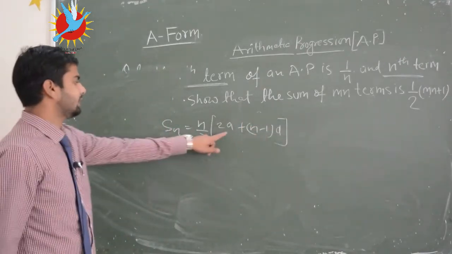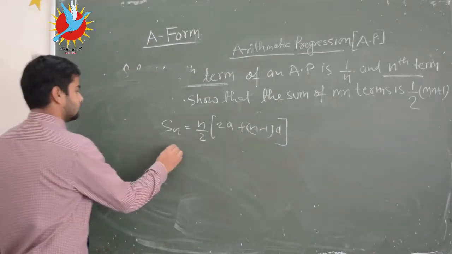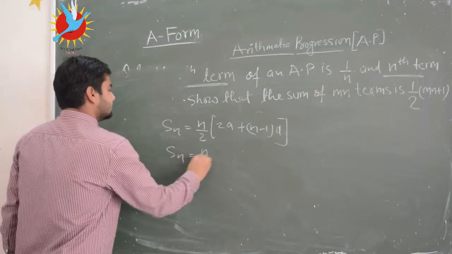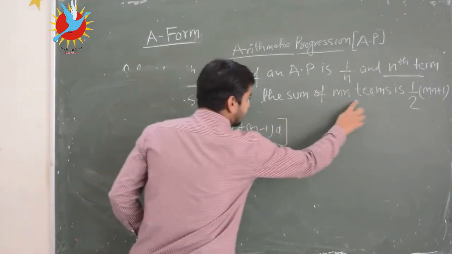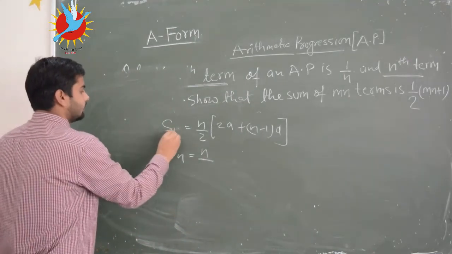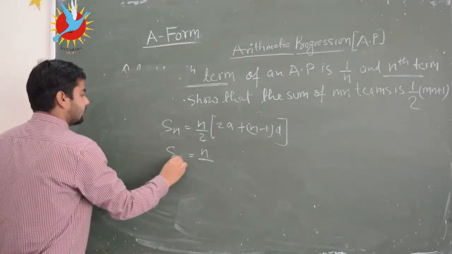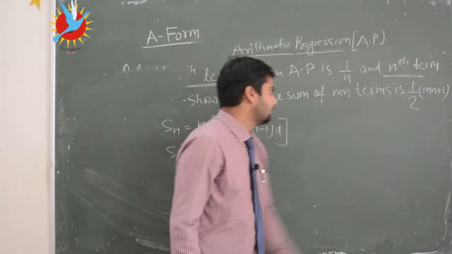Put the value of a as 1 upon mn and value of d as 1 upon mn here. We don't have to calculate Sn, we have to calculate mn terms. So in place of n it will be Smn, and we have to show this value of Smn is equal to (mn plus 1) by 2.